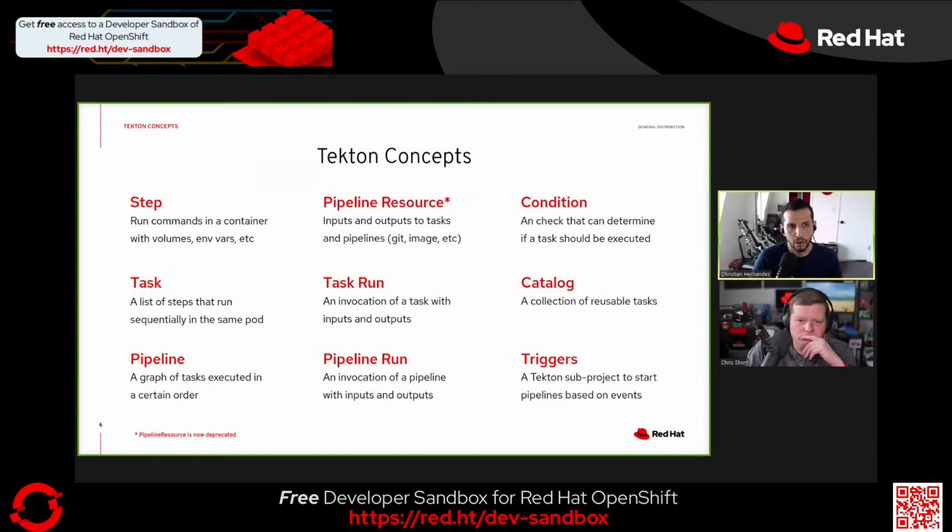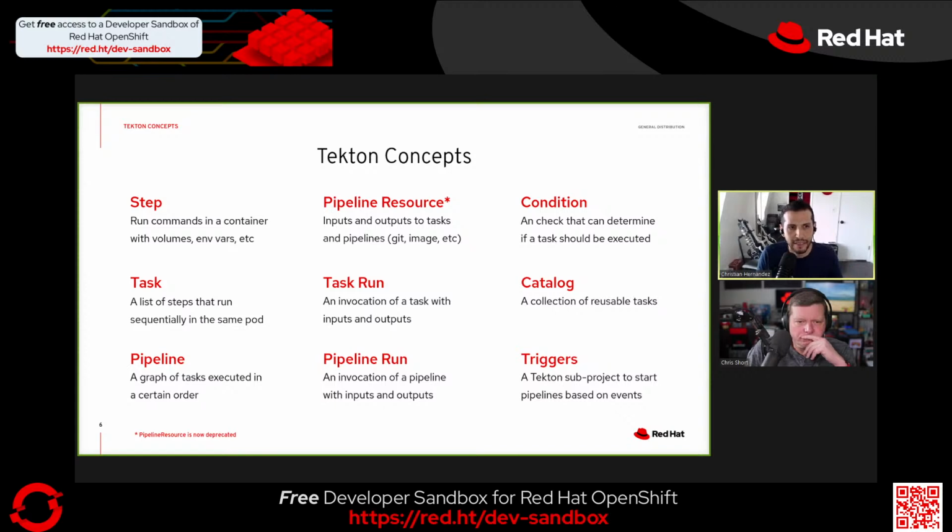I want to go over the concepts for Tekton first. We're going to hear me talk about steps. A step is essentially running a command in a container, like git clone, maven build, or docker push.